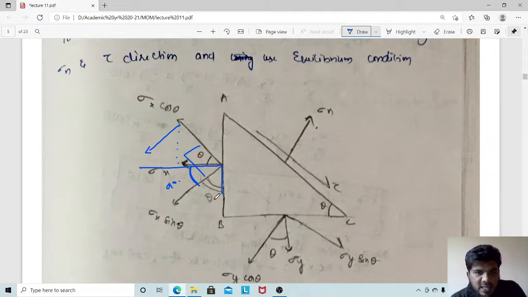Obviously this angle is theta again, and this is 90 minus theta, and this is theta again. In that way we are able to resolve the angles. I hope you are clear with this angle. This is 90 degrees.